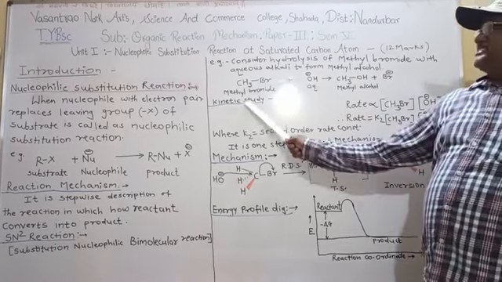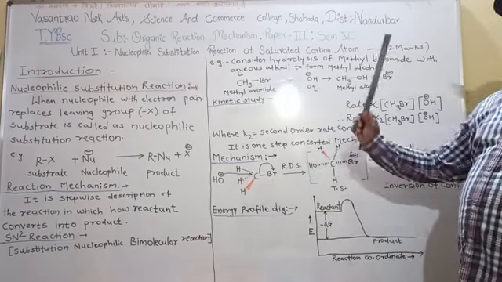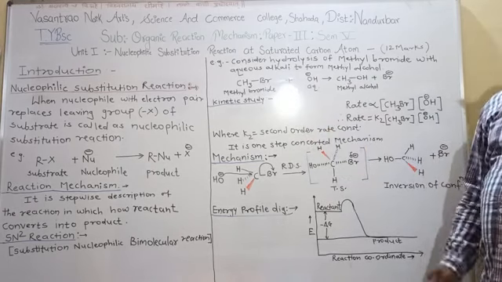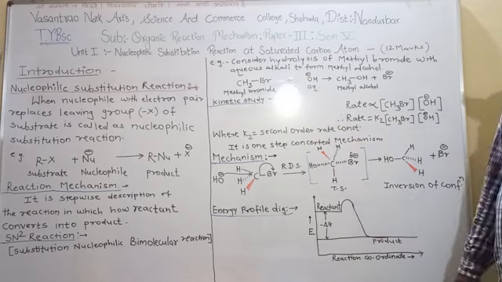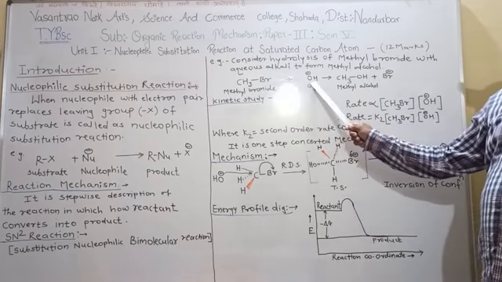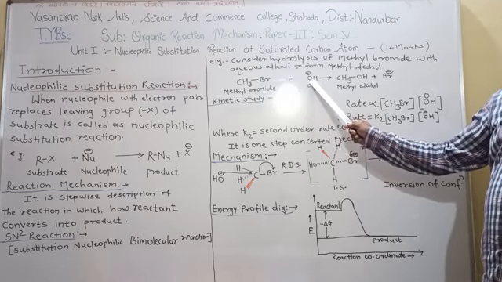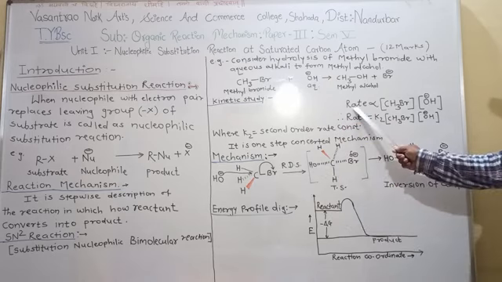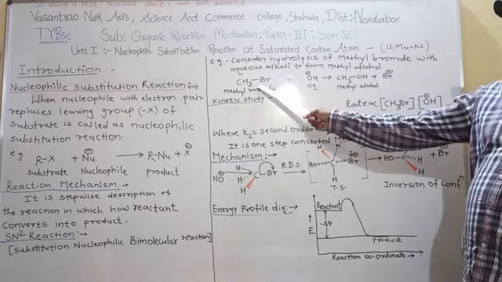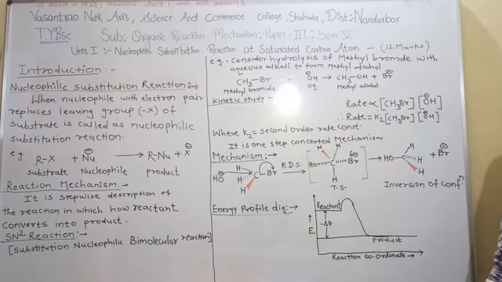Now the kinetic study of this reaction. The kinetic study of this reaction clearly indicates that the methyl bromide and nucleophile takes part in slow step called as rate determining step. So the rate of reaction depends upon the concentration of methyl bromide and nucleophile OH negative.